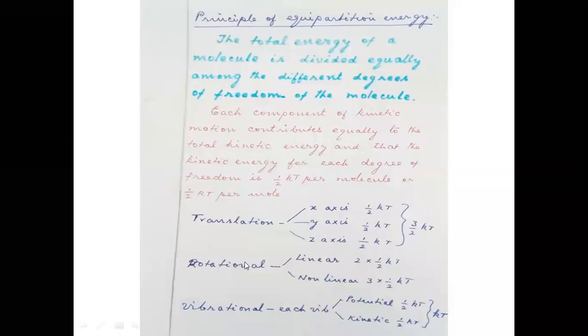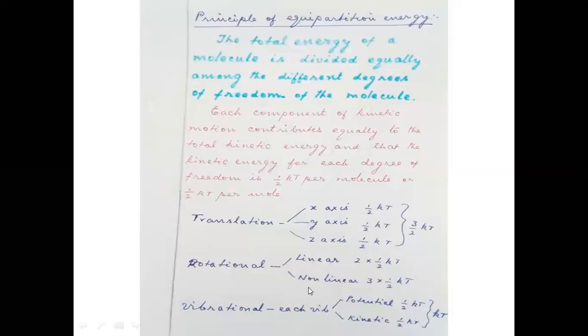Hence that rotation is completely neglected. So the rotations about the other two perpendicular axes are considered. It is only two rotational degrees of freedom. So for linear molecules, the rotational energy contribution will be 2 into half kT.